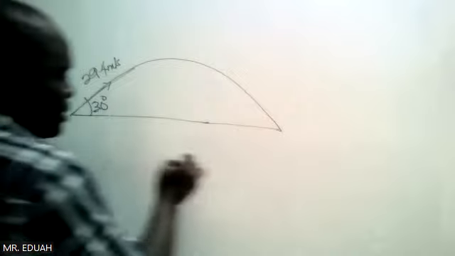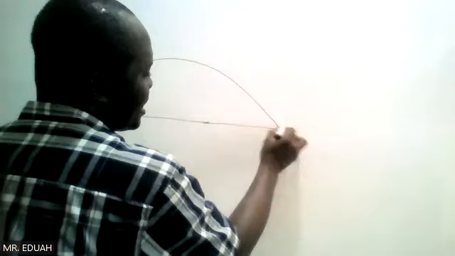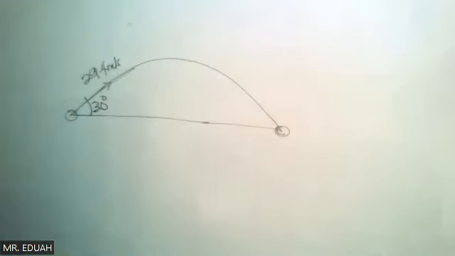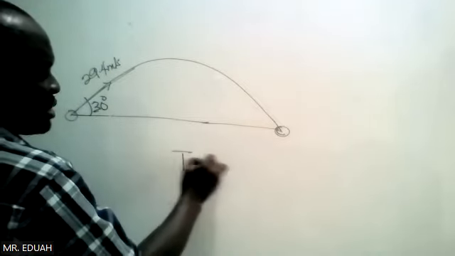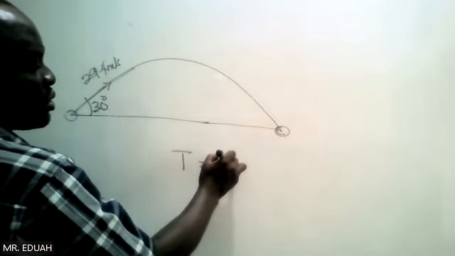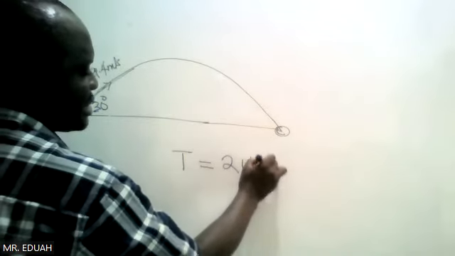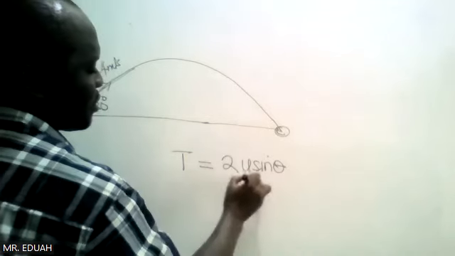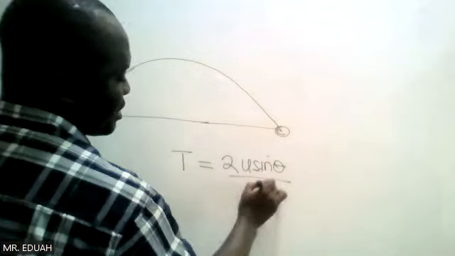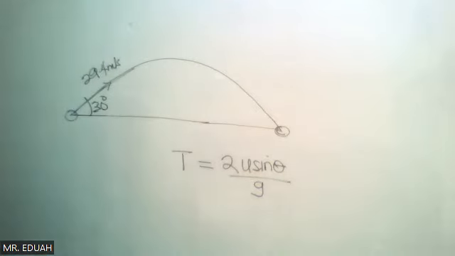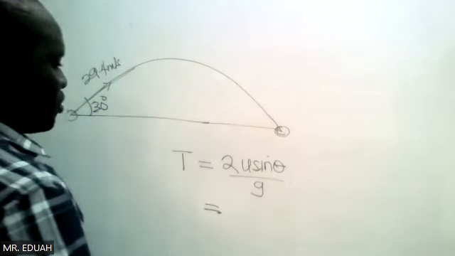It is starting from the ground and landing at the ground. So ground to ground. We know that the time of flight, capital T, is equal to 2 u sine theta over g.